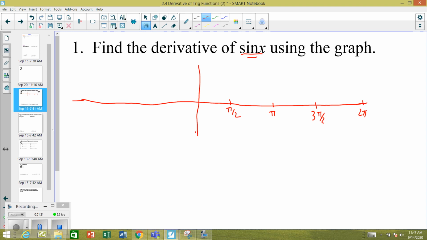And let's go backwards as well. So let's do negative pi over 2. I'm trying to line this up as well as I can. I want to give myself plenty of space. Okay, and then just graphing our function: 0 goes up to 1, down to negative 1, so like right here, here, here, here.